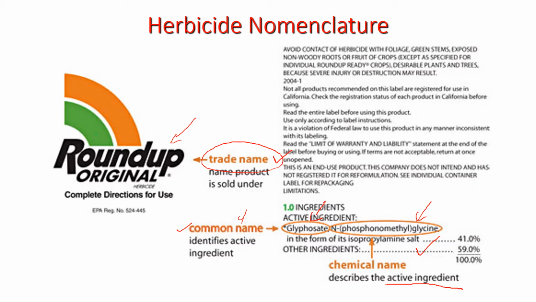Whereas the chemical name is the systematic name of a chemical compound according to the rules of nomenclature of the International Union of Pure and Applied Chemistry, or what they call IUPAC.